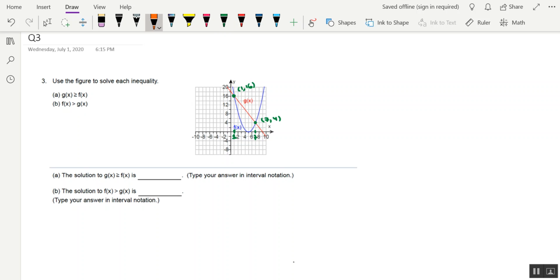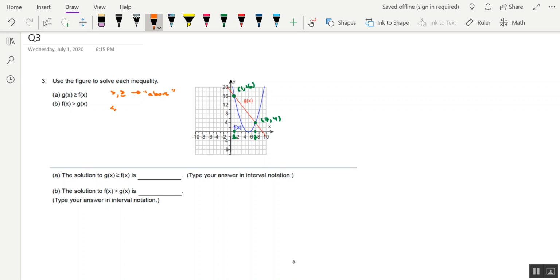So what I want to do next is just give you a way of interpreting the inequality symbols. Whether it's greater than or equal to, this means, or you can think of this as the word above.